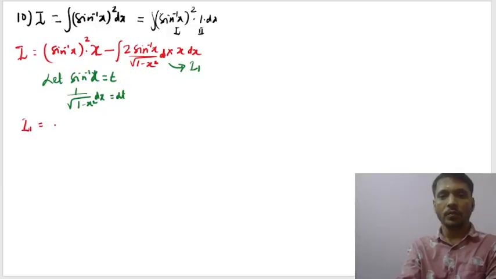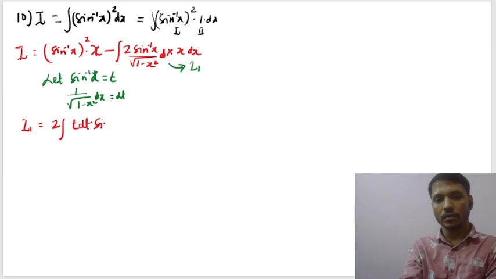In I1 we have 2, which I'm writing outside as it is. Sine inverse x is t, and here we are getting dt. But we have one x also, so x equal to sine t. So we should write it like this: 2 times the integral of t sine t dt.